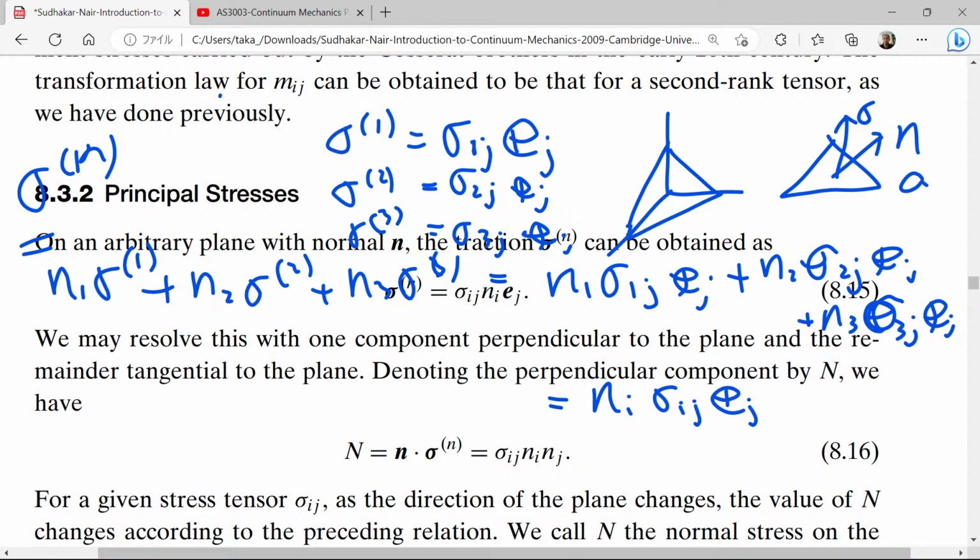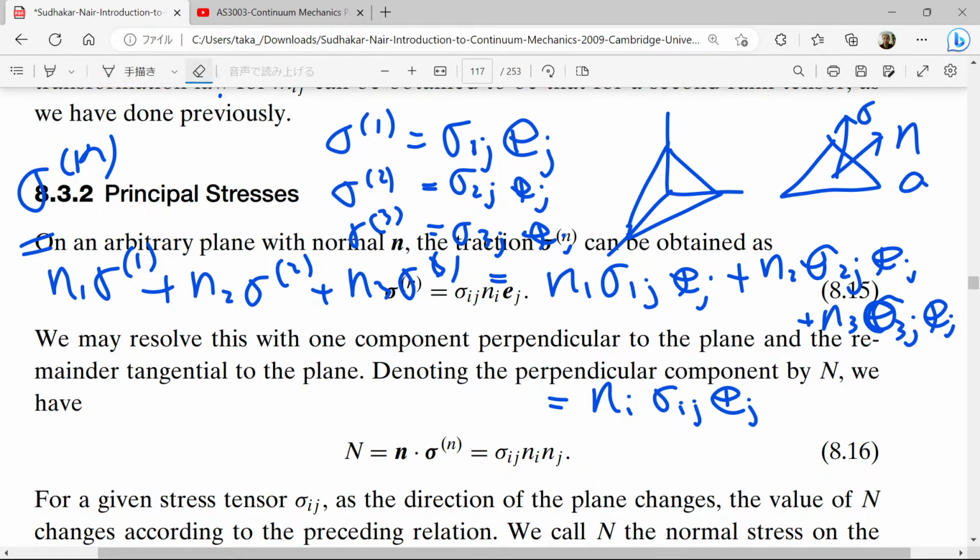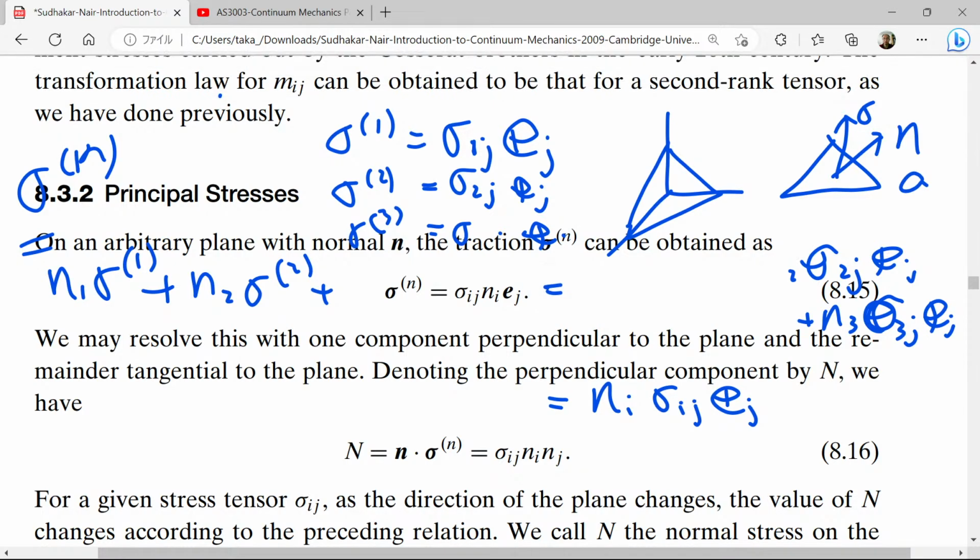So this is clear, right? Yeah, I think it is completely clear. So the tip to understand this is you can interpret this one like this. This is just like ni times sigma ij ej. This is much better.